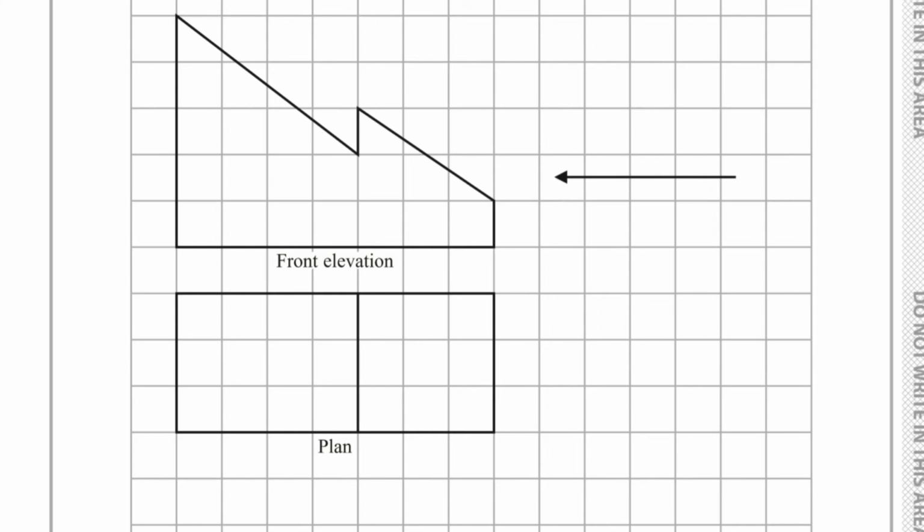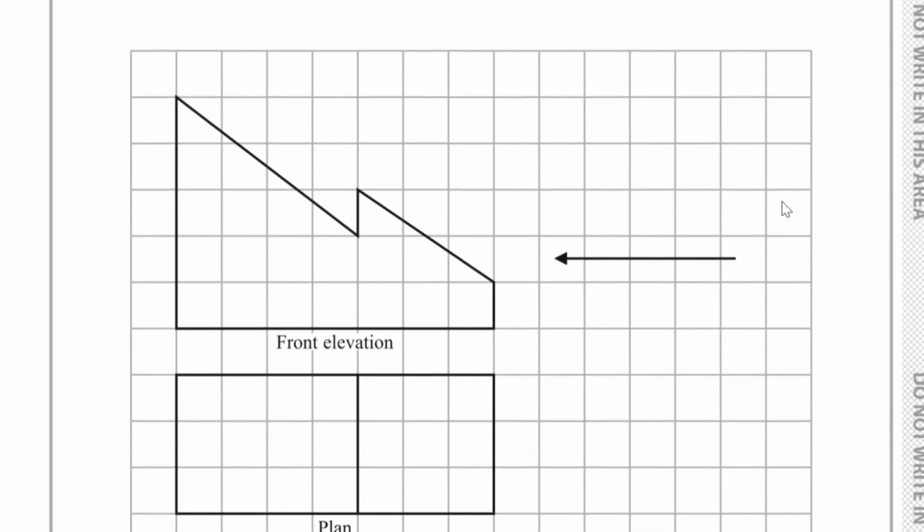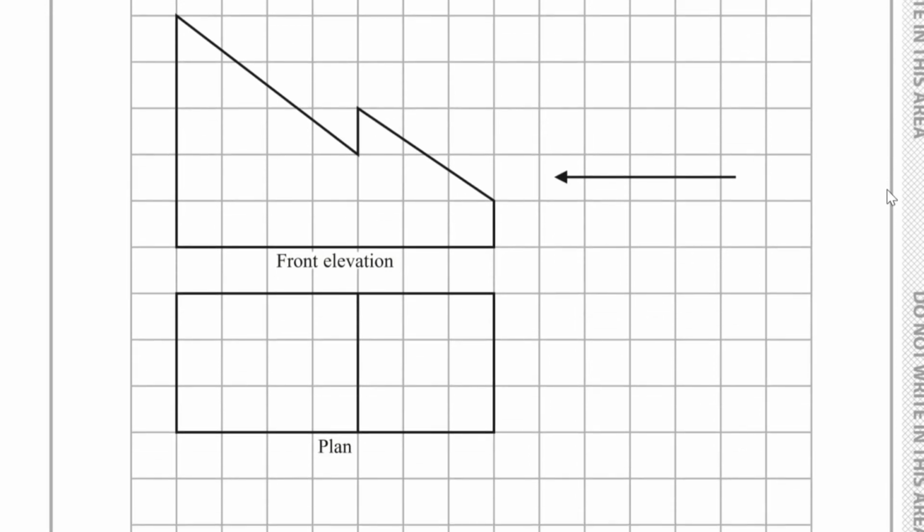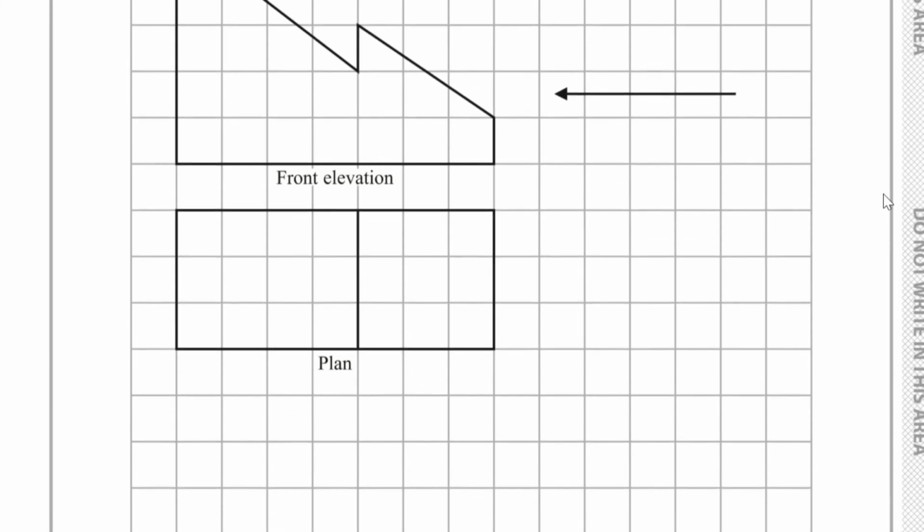So the way we go about this is to think to ourselves, how thick is this going to be? And we can do that by looking at the plan. And if you look at the plan, you can see it is 3 squares thick. So we begin by drawing a line which is 3 squares thick.